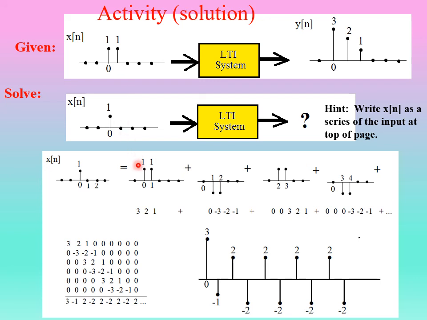What we can do is say that our input, that single 1 there, is equal to a 1, plus now here's a 1, but it's pointing down. That's a negative 1, delayed by 1, plus up 1, delayed again, plus down 1, delayed again.